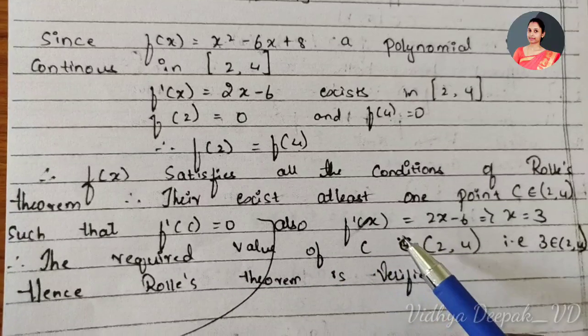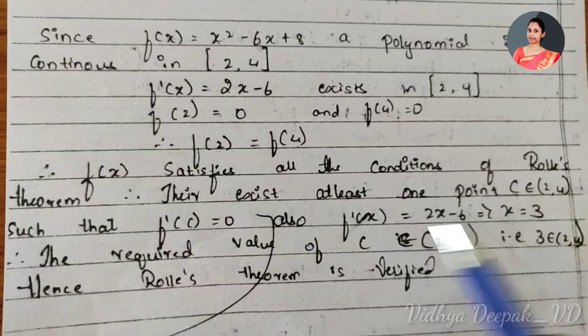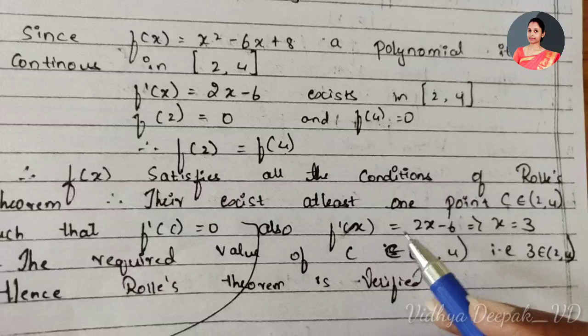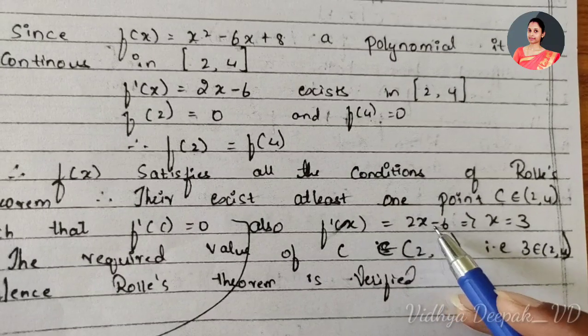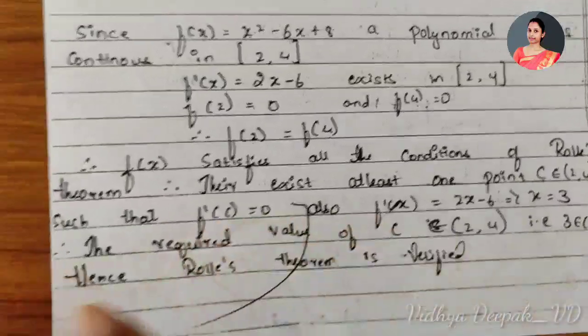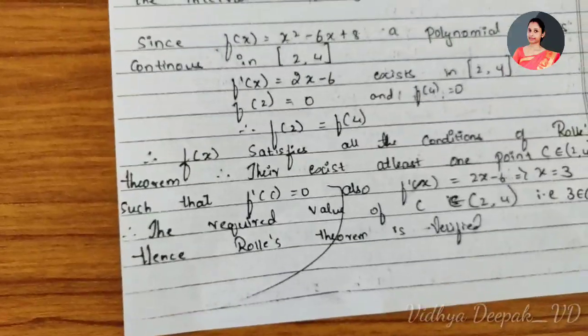Also f dash of x is 2x minus 6. So x is equal to C, right? If I equate 2x minus 6 equal to 0, what is the x value? We will just solve it out.